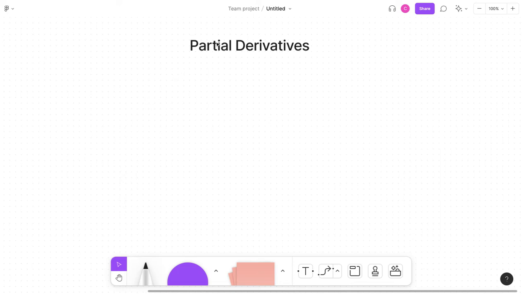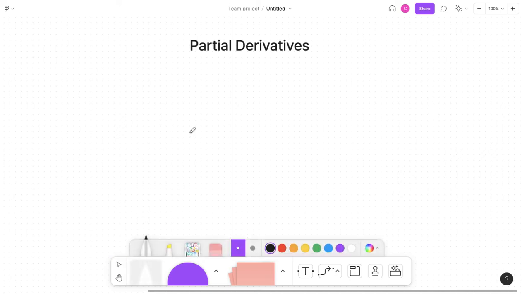This time, how about f equals tangent of x to the y.